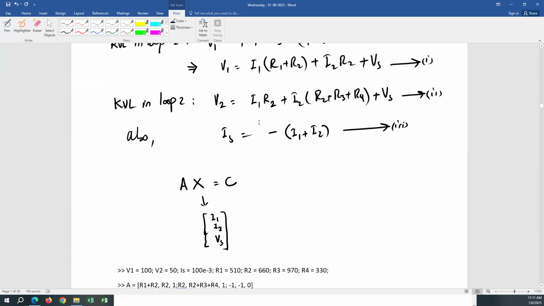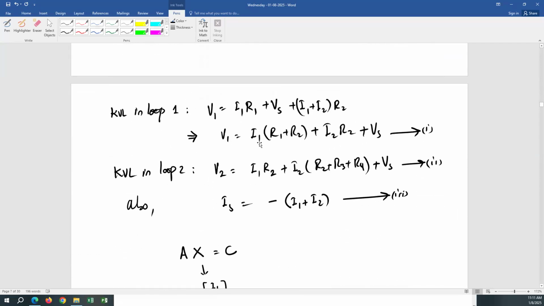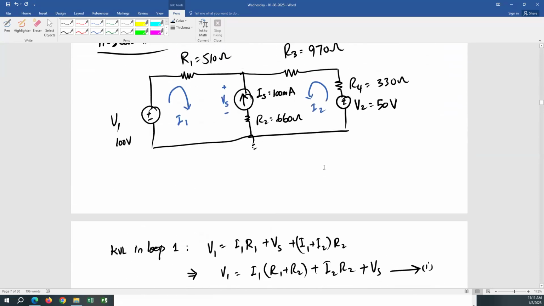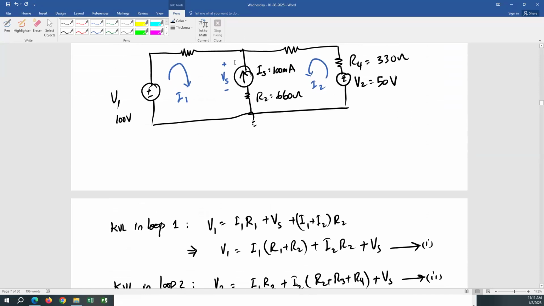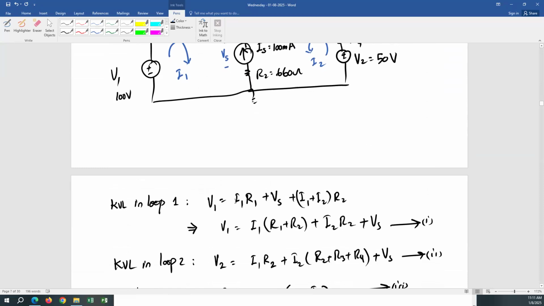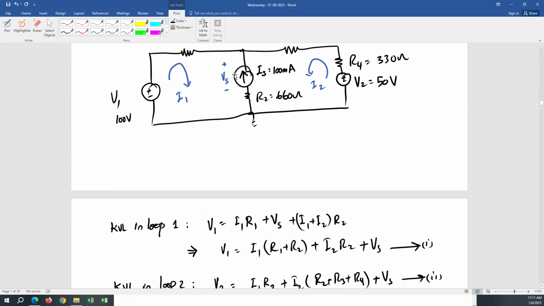So let's see how we get the supermesh from the same. If you observe, the voltage across the middle branch is going to stay the same. So in the middle branch, you have Vs plus I1 plus I2 times R2. Look at this piece.